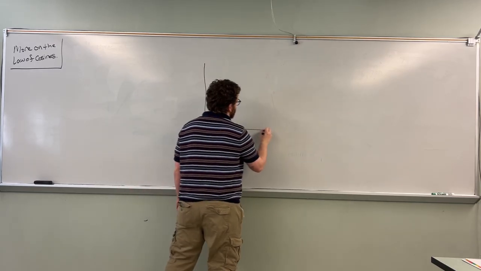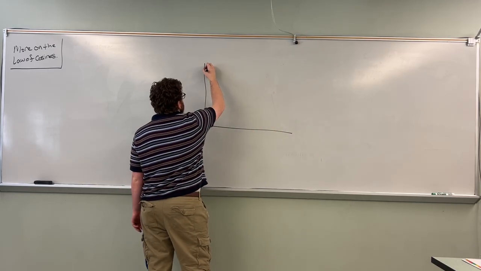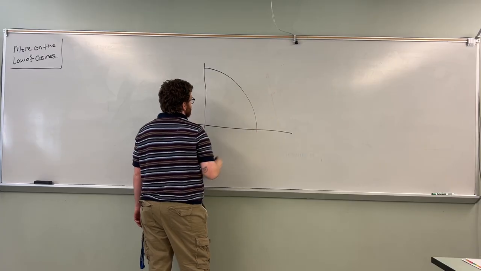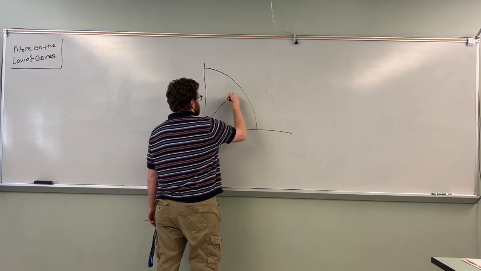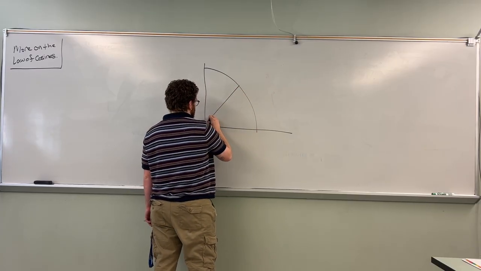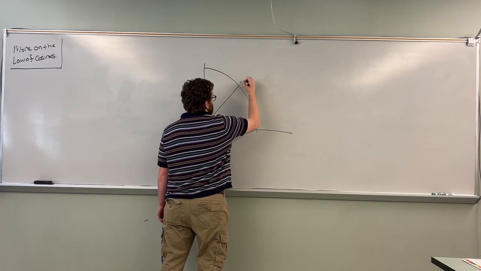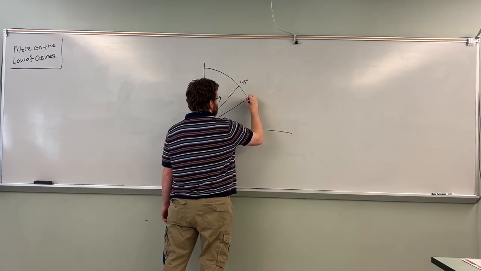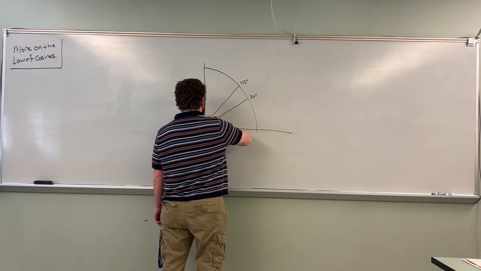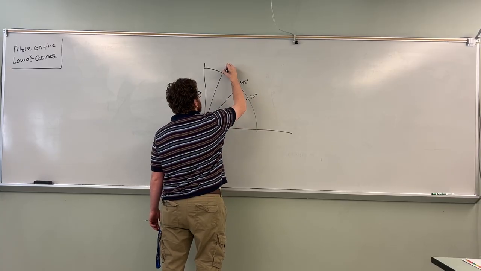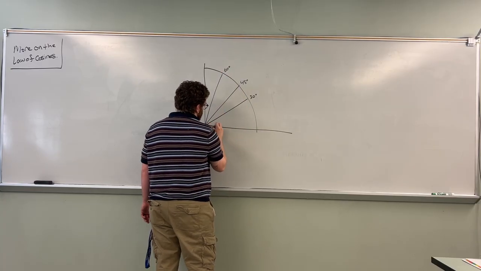First, just starting out in the first quadrant. So that's 45 degrees. Here's 30 degrees. Here's 60 degrees. Here's 0.